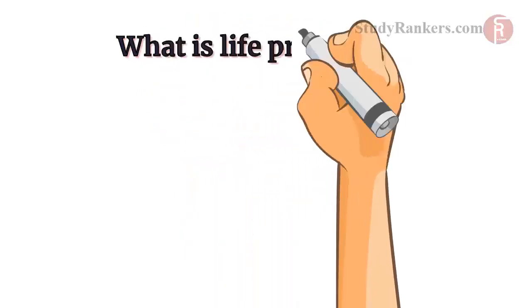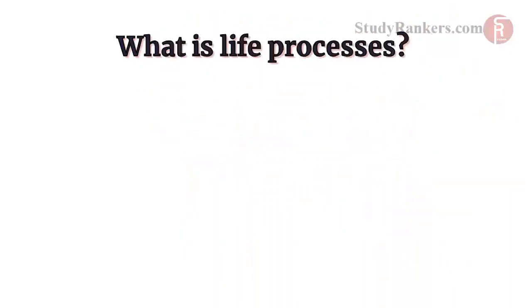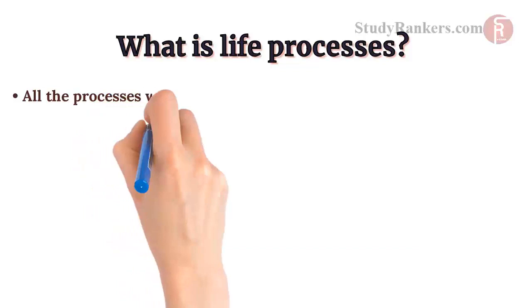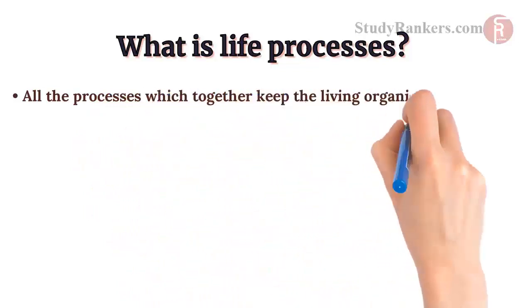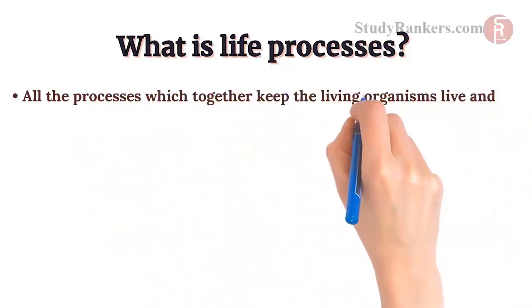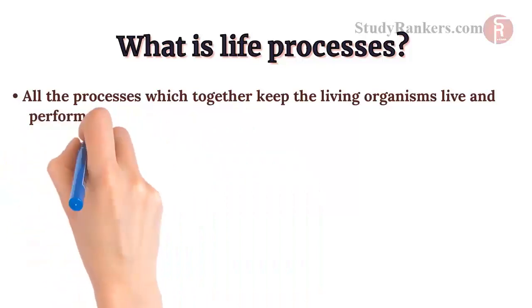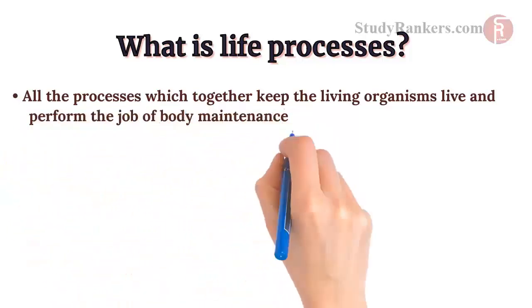The very first thing that comes to our mind before starting the chapter is, what is life process? Well, life process is all the process which together keep the living organisms live and perform the job of body maintenance.